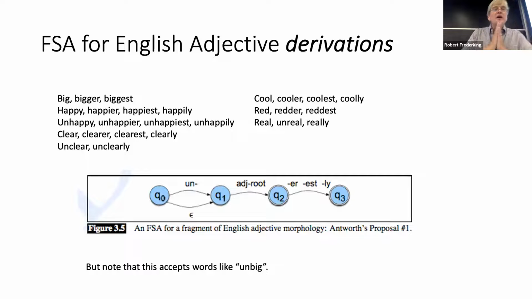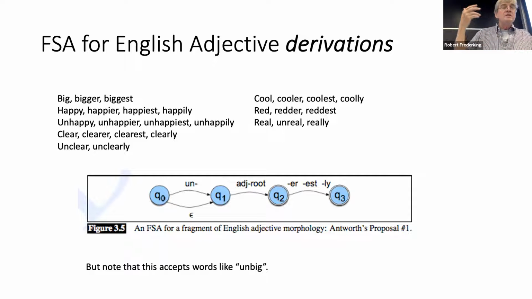But even in English, derivations of adjectives can be complicated. We have things like big, bigger, biggest, happy, happier, happiest, happily, but you can't say bigly unless you're Trump. People like to make fun that he did that one. Unhappy, unhappier, unhappiest, unhappily, and so on.